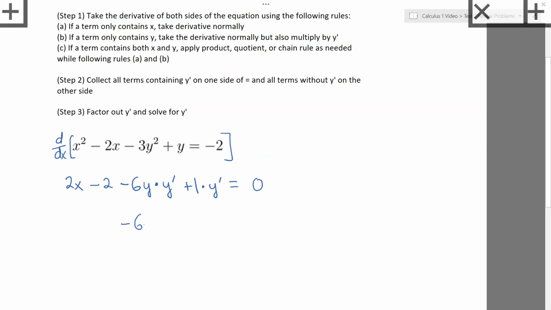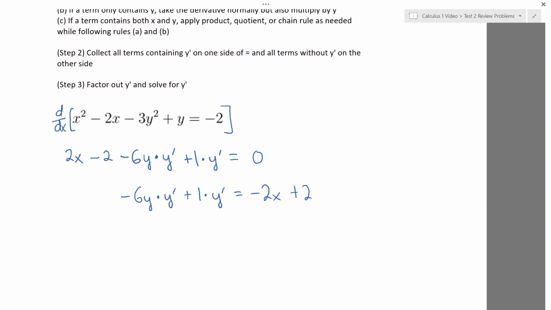So these two terms stay where they are, and then these two terms move over to the right side, so I have to subtract the 2x, so you get minus 2x, and then I have to add the 2, so I get plus 2. Okay, so that's step 2.